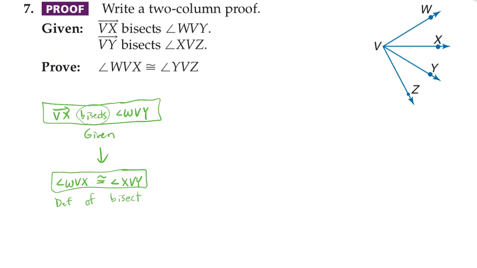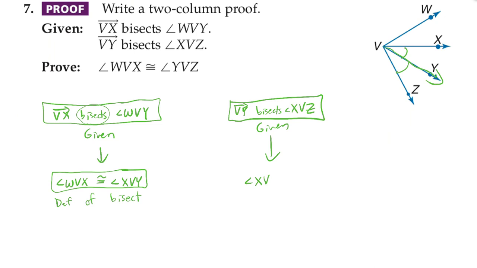Okay, and then let's go over to the side and we'll use the other one. So we know that VY bisects angle XVZ. So looking over at the picture, that's this one, bisects this angle, XVZ. So that is given to us and tells us that the two angles formed, angle XVY, is congruent to angle YVZ.